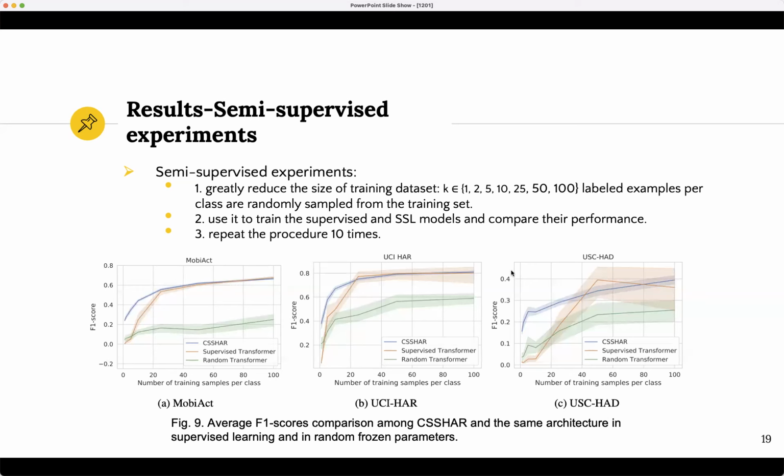And in figure 9, I only show you the average F1 scores comparison among CSS HAR, this model, and the same architecture in supervised learning and with random frozen parameters. Actually, for other methods, they show a very similar trend.